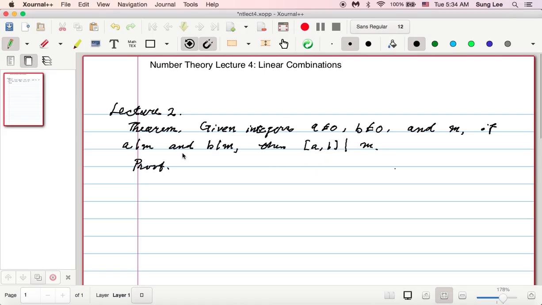So suppose that. We are assuming everything else as written in the statement, but we are assuming that the least common multiple of a and b does not divide m.